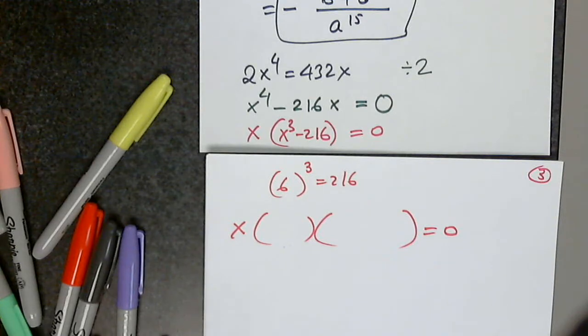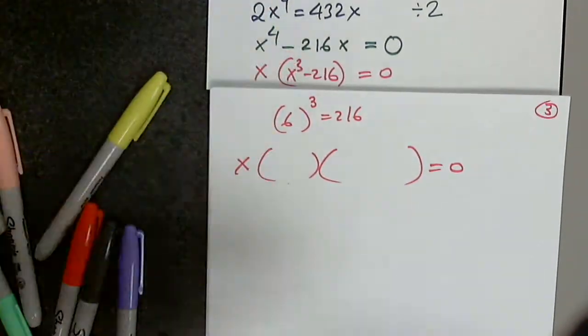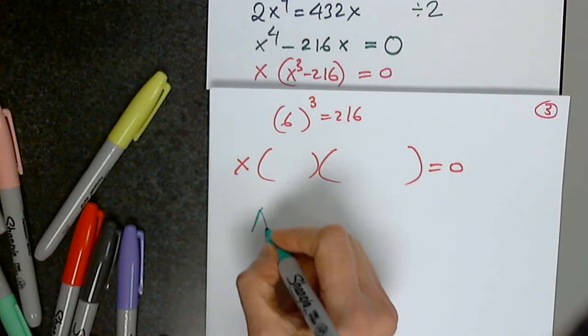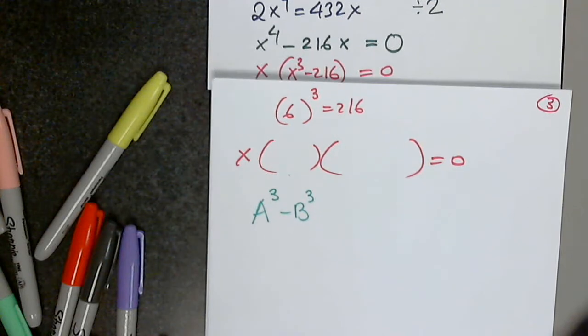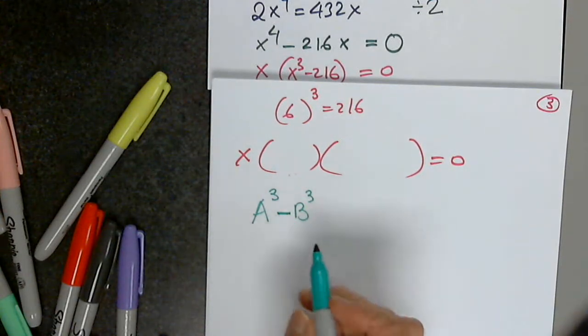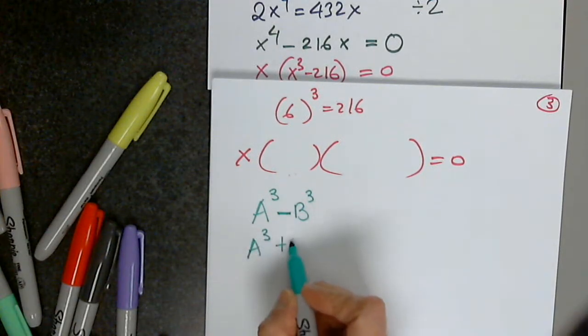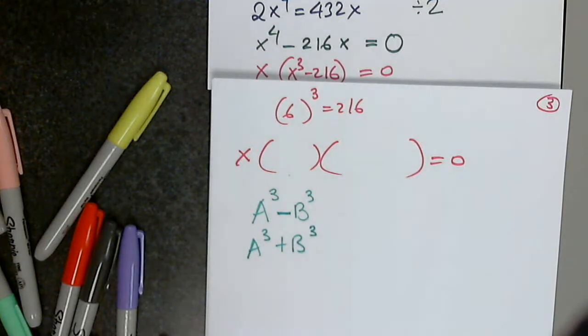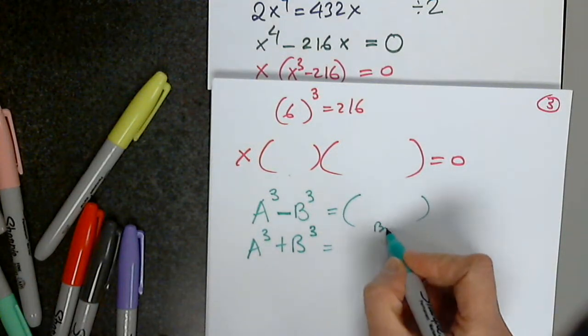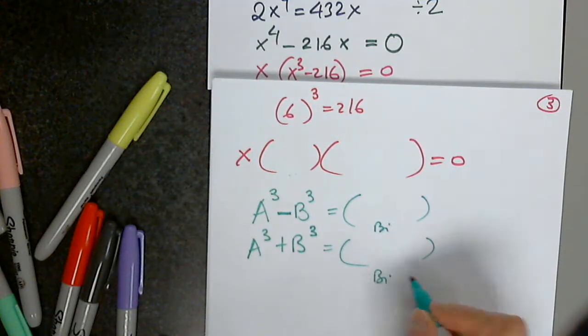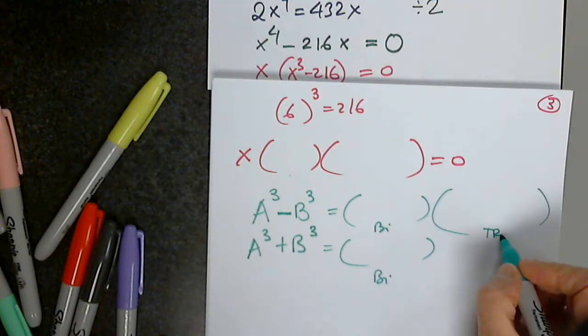So allow me to refresh your memory on this formula, and then we'll come back to finish up the problem. Whenever we are asked to factor the difference of cubes, obviously this is the difference of cubes, or the sum of cubes, these two factor into a binomial times a trinomial.